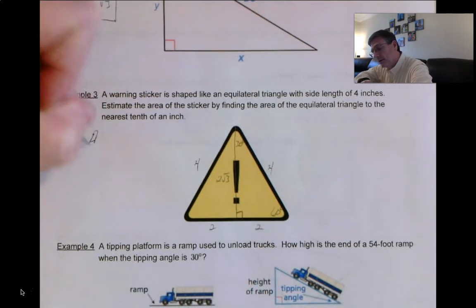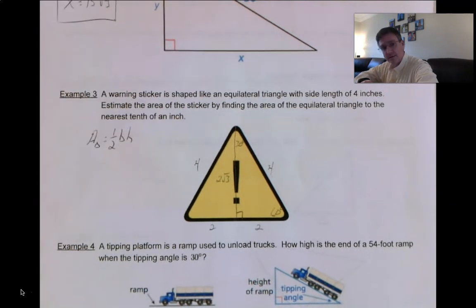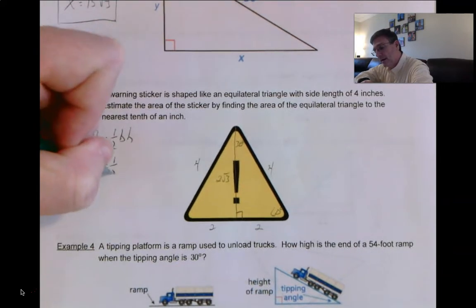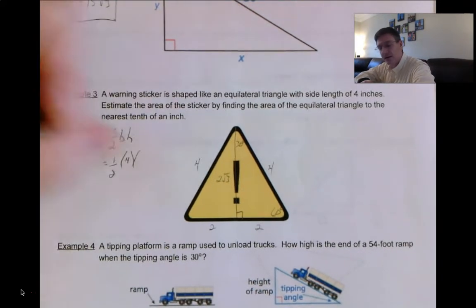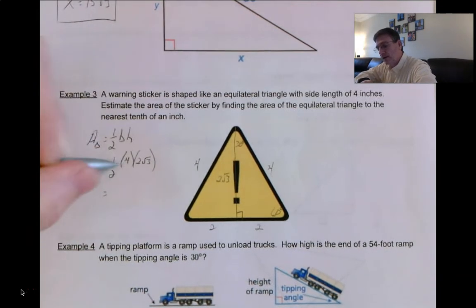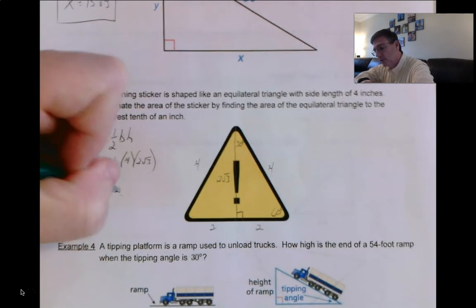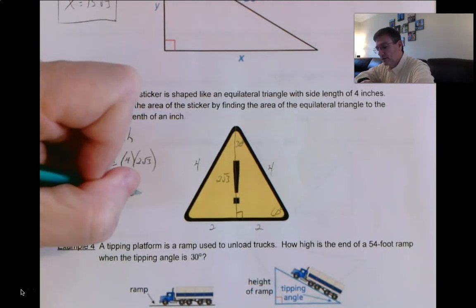The area of a triangle is 1/2 base times height. 1/2 base is 4. The height we just calculated is 2 square root 3. Half of 4 is 2, times 2 is 4 square root 3 inches.